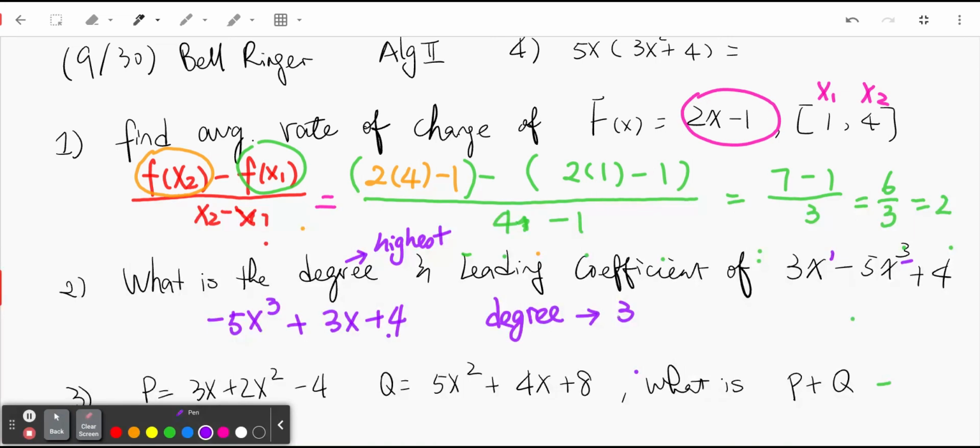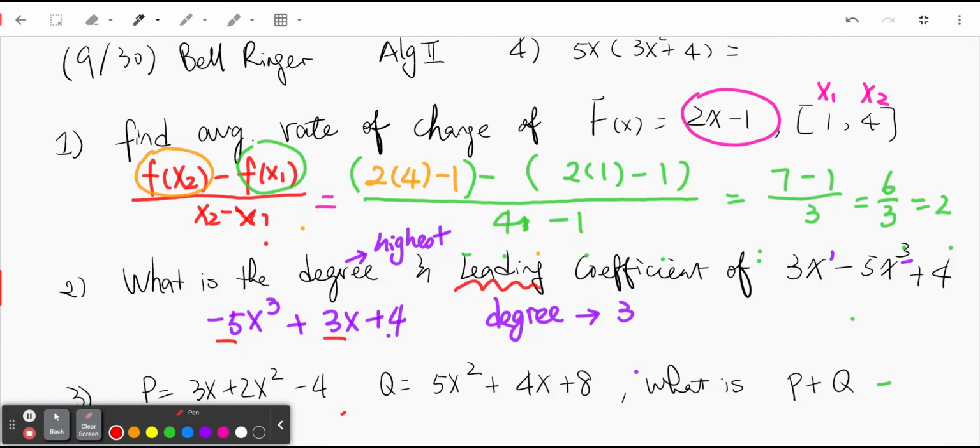So leading coefficient. Coefficient is the number in front of x. So we have several numbers in front of x, right? What are the numbers in front of x? That's right, very good. -3 and 2 are the numbers in front of x. The leading coefficient is the number in front of the x of the highest power.